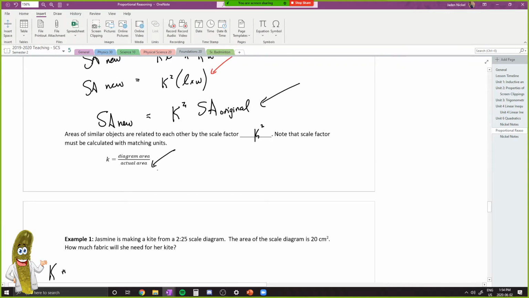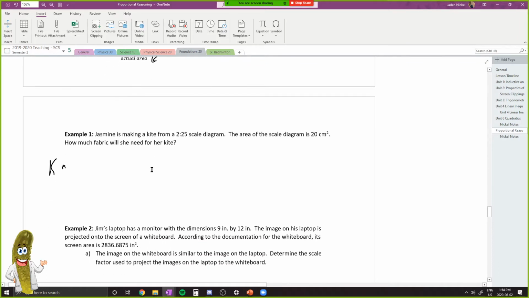K is equal to diagram area divided by actual area. Because I have a ratio here, I'm going to set K as 25 divided by 2, and then I get a K value of 12.5.